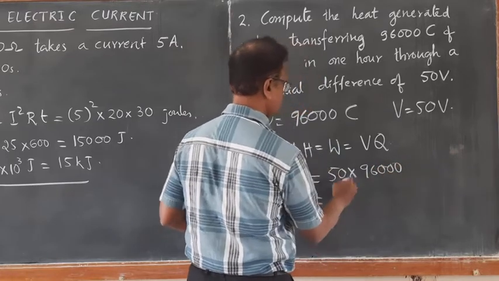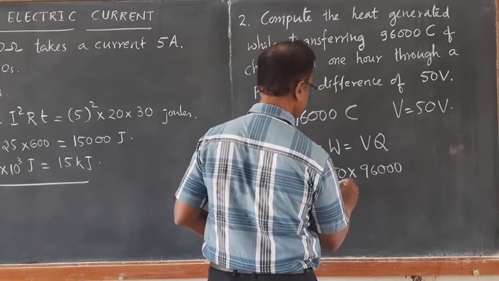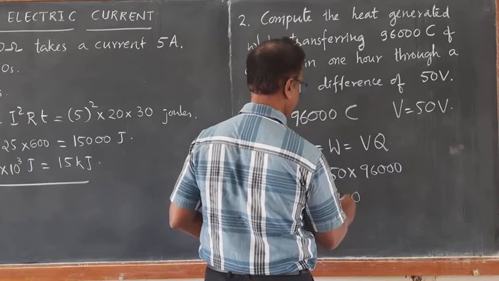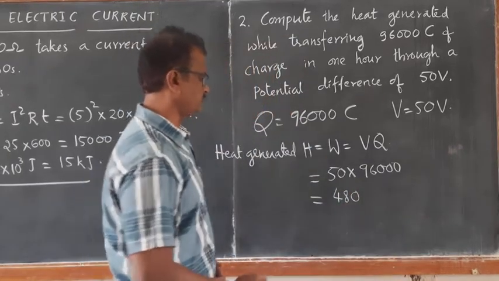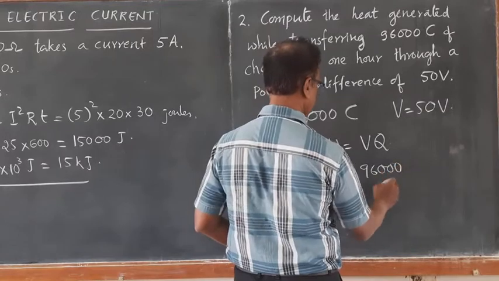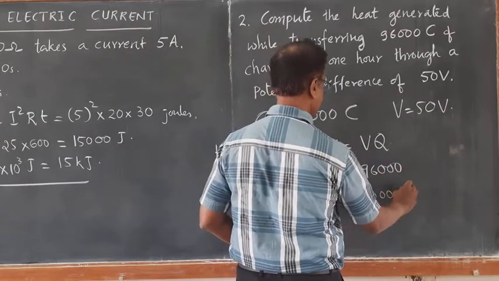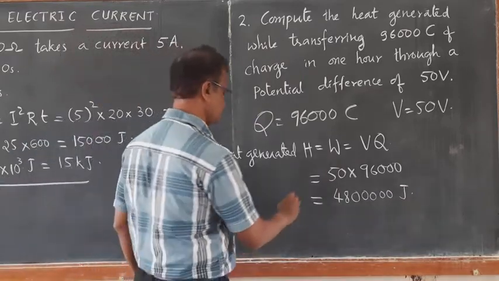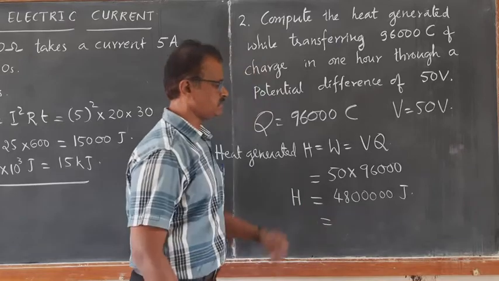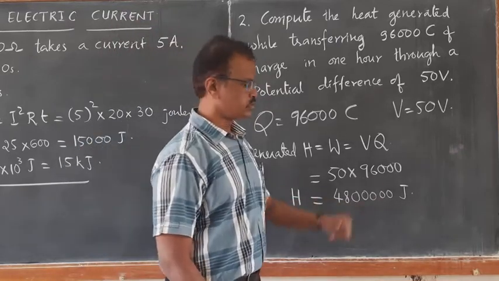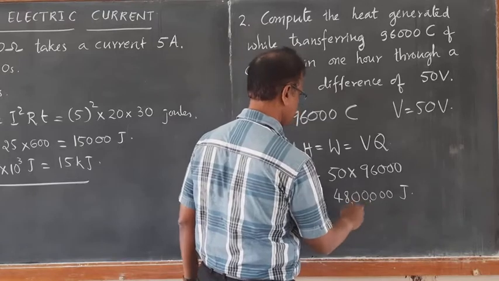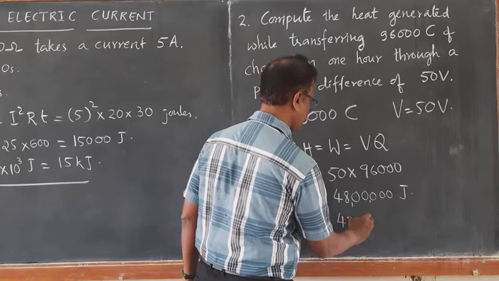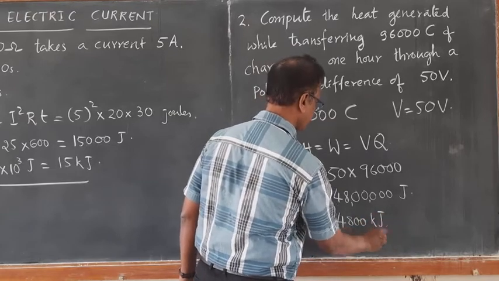So if you work it out, 9 6s are 54, 5 6s are 30, carry 3, 5 9s are 45, 45 plus 3 is 48. So this is the total heat produced in terms of joules. You can express it in kilojoules: 4800 kilojoules of heat is being produced.